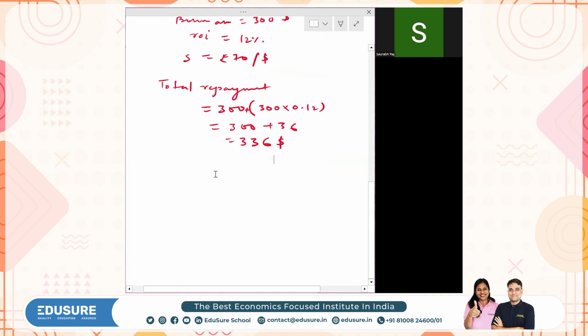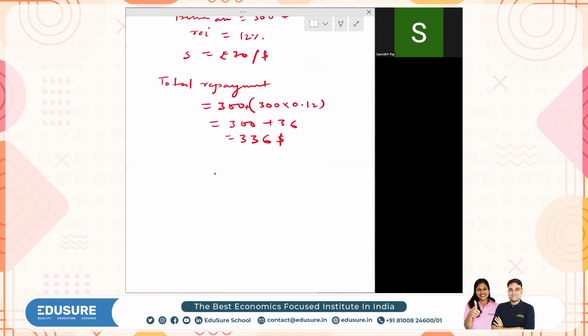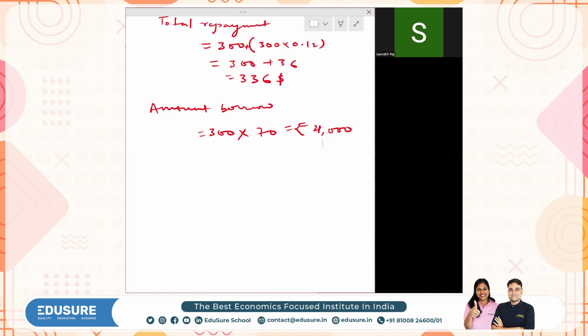And the second thing is, if you convert the amount borrowed into rupees, because the exchange rate is given as 70, it will be rupees 21,000. Then, for the exchange rate at repayment, this formula will be used.